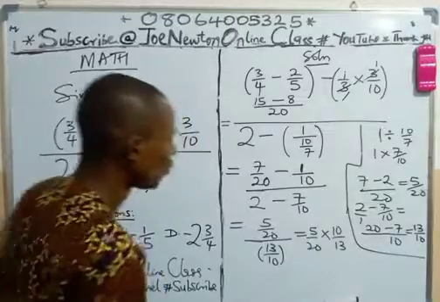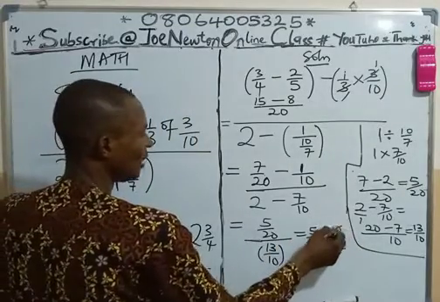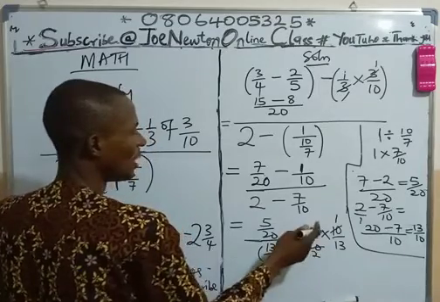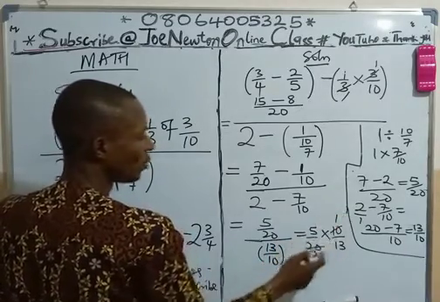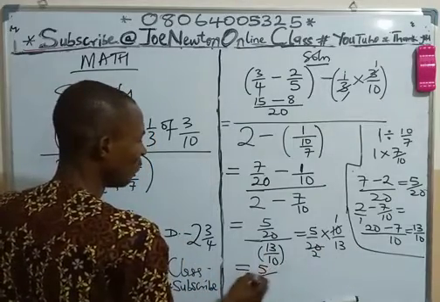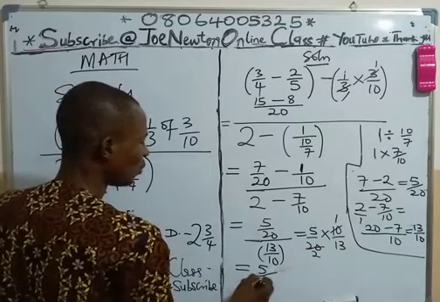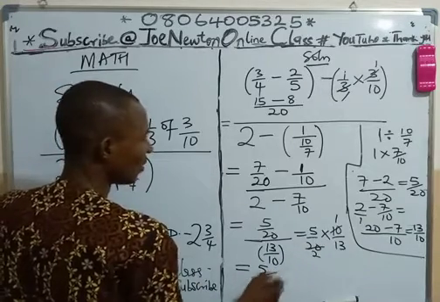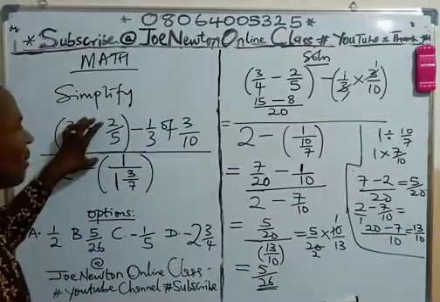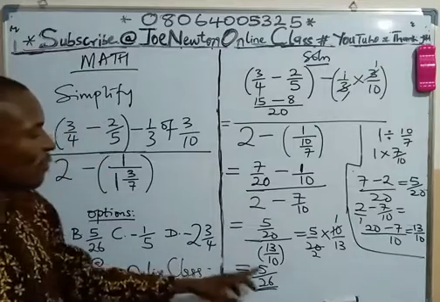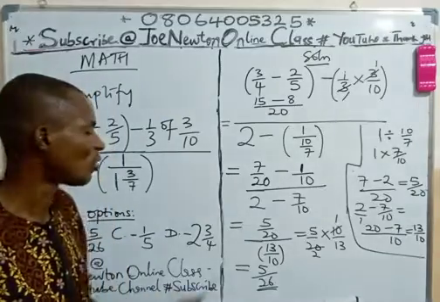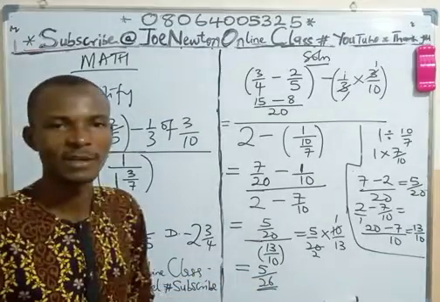So at this point now, 10 divided by itself is 1, and 10 divided into 20 is 2. So we are left with 5 times 1 for the numerator and 2 times 13 as the denominator. So finally, 2 times 13 is 26. So our answer is 5 over 26. And nothing can reduce it further to lowest terms, because there is no common factor between 5 and 26 except 1.